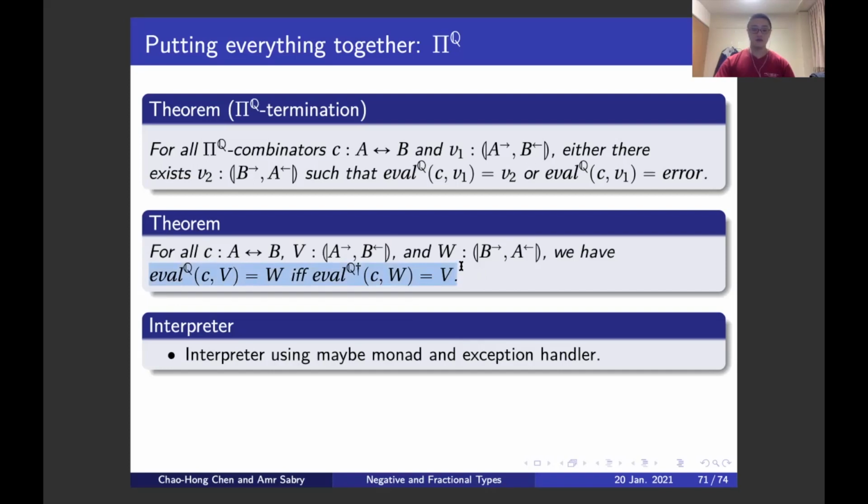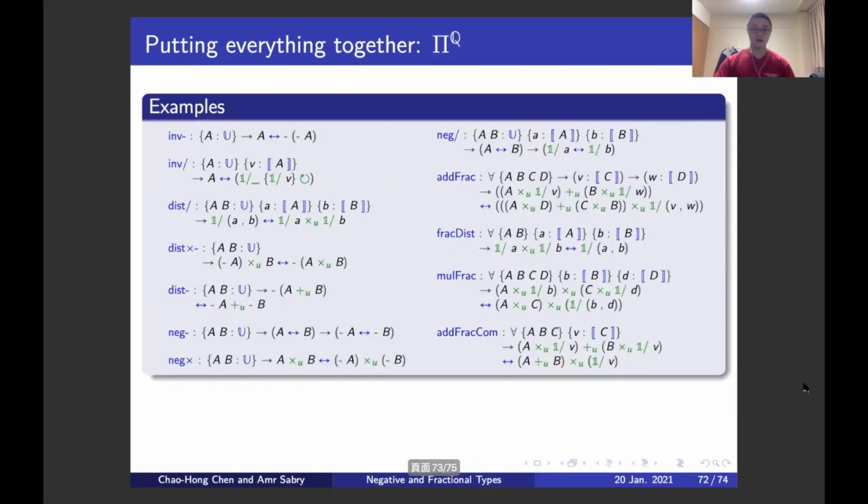And we also have interpreters using the maybe monad and its session handler in combine. Now in this language, we can write down a lot of combinators based on arithmetic on rational numbers. For example, if you negate a negative, you get back to the same thing, and you can distribute things like that.